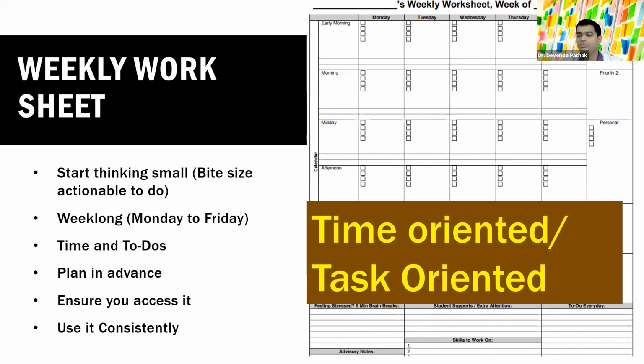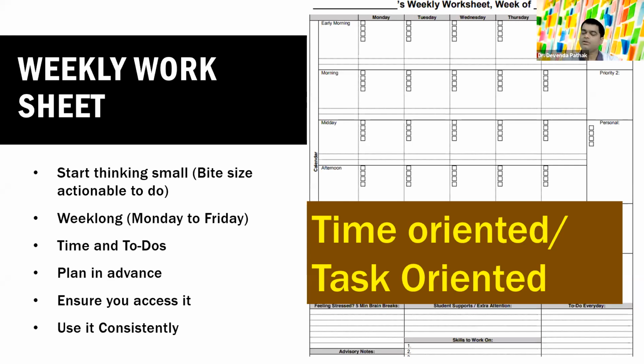So that's time oriented. Whether you run 5 kilometers or 10 kilometers, you run for 30 minutes. The other is task oriented. I'll run for 5 kilometers or I'll run for 3 kilometers. Whether that completes in 10 minutes or 30 minutes or 40 minutes, doesn't matter.